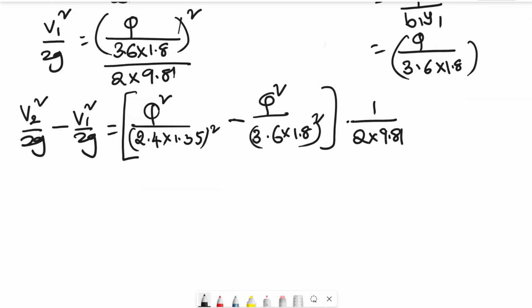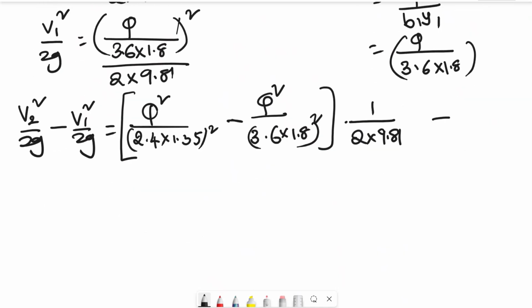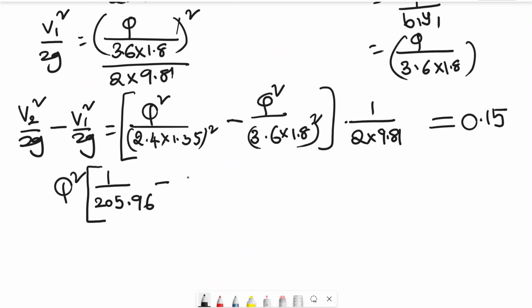If you solve all this, it is equal to 0.15. So you get Q squared into (1 by 205.96 minus 1 by 823.85) equal to 0.15.